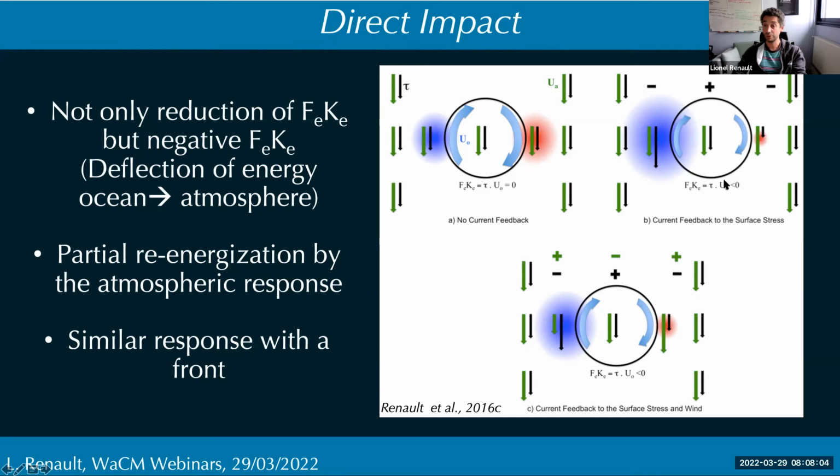And when we estimate the eddy wind work, we will have a reduction of the positive input of energy, compared to this situation. On the other side of the eddy, that's the other way around, we have a larger surface stress because UA minus UO is larger than UA, so that we have a larger deflection of energy from the eddy to the atmosphere, and the net eddy wind work is negative, so that we have a deflection of energy from the eddy to the atmosphere.